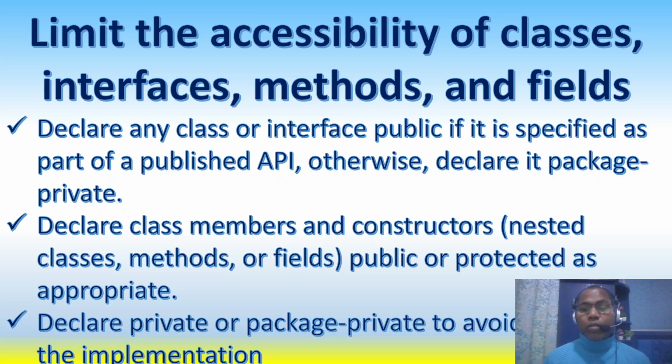And if possible, for a nested class, a nested method, or even a public constructor, or anything you are declaring, please think about the accessibility of what you are writing.